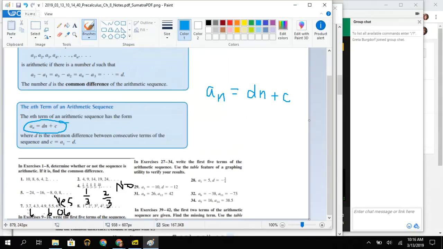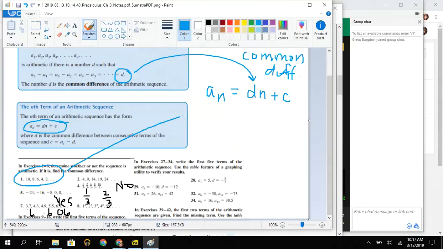Okay, so d is linked to up here. d stands for the common difference. For example, let's take number 1 here. If we wanted to write this as an equation, the common difference would be -2, right?